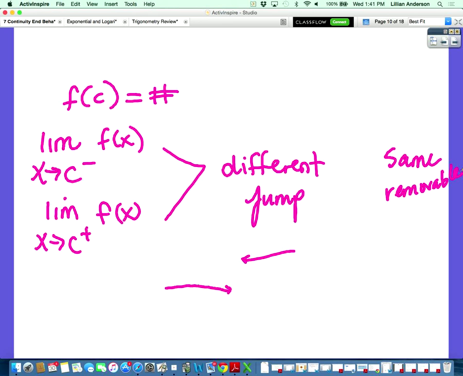It will be jump if you look at the left and the right and they are different. And then you'll have removable if the number from the left and the right is different from the number you got when you plugged in the C. Okay? Everything else will be continuous. Questions?